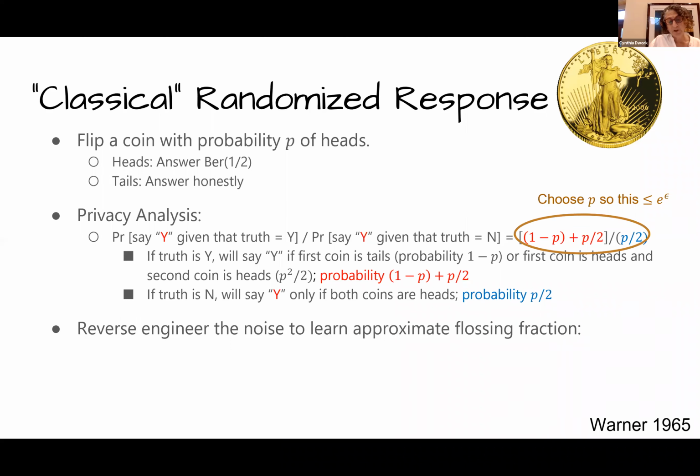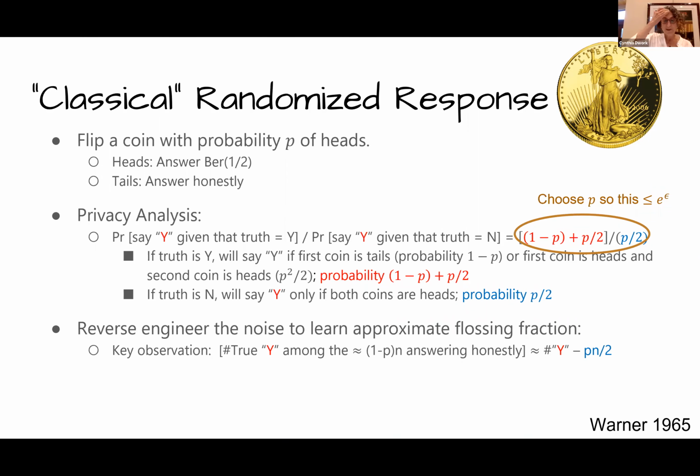Given this, you can reverse engineer the noise to learn the approximate flossing fraction. So the number of true yeses among the approximately 1 minus p times n that answer honestly is the number of yeses that you observe minus how many yeses came from randomness, which is p times n over 2. Okay. So that gives you the fraction.